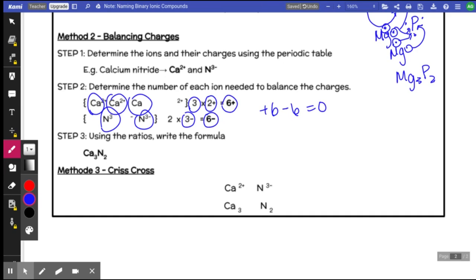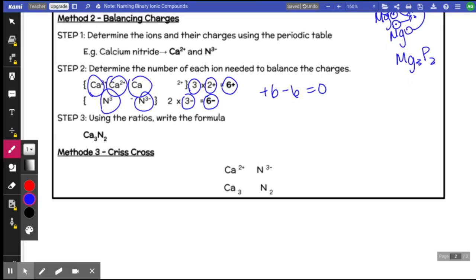Or you can use the crisscross method, which we already talked about. So you write them both in their ionic notation, so Ca2+, N3-, you bring them down, and you end up with Ca3N2. And that's your chemical formula.